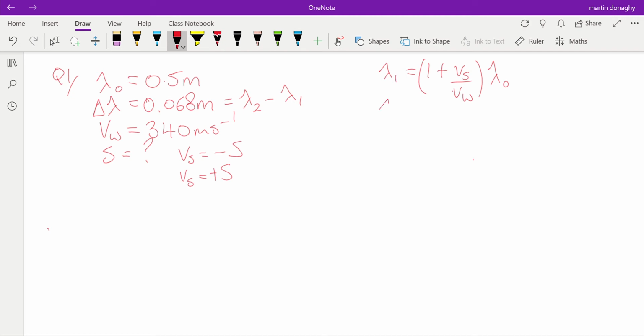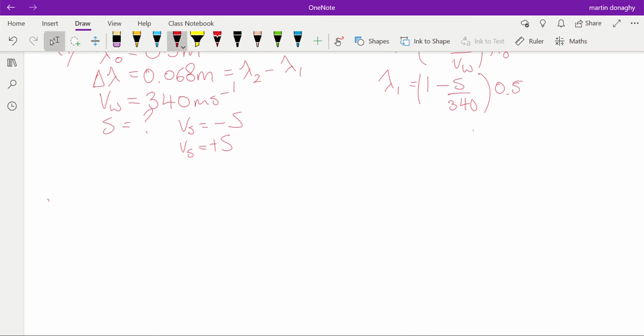Put in our values, so lambda 1 is equal to 1, and this time it's moving towards the person, so we're going to take it to be a negative s divided by the speed of the wave, which is 340, multiplied by our emitted wavelength, which is the wavelength of the source, which is 0.5. Multiplying through by the 0.5 gives us that lambda 1 is equal to 0.5 minus s over 680.